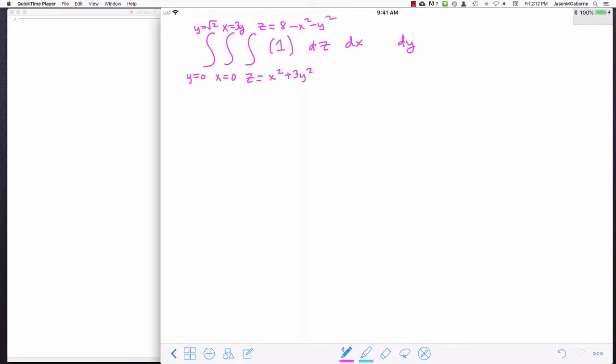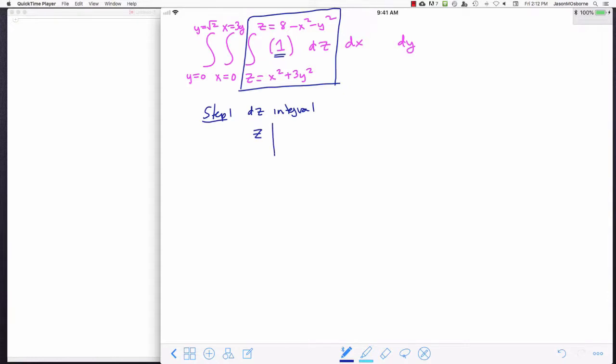Now we treat evaluating triple integrals as no different than it was for double integrals. We do this as an iterated integral. Step 1, do the dz integral. I need to find the antiderivative of 1 with respect to z, which is z.